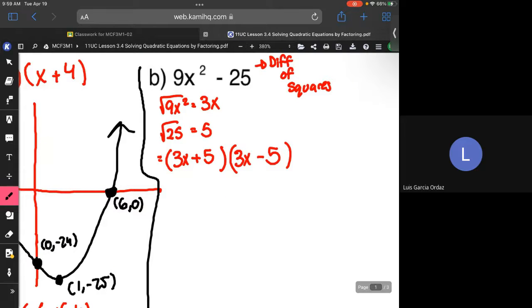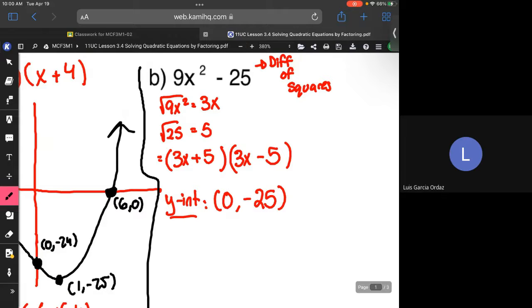Okay, so again, what is my y-intercept here? So my y-intercept is (0, negative 25), because negative 25 is my constant number, the number that has no variable.